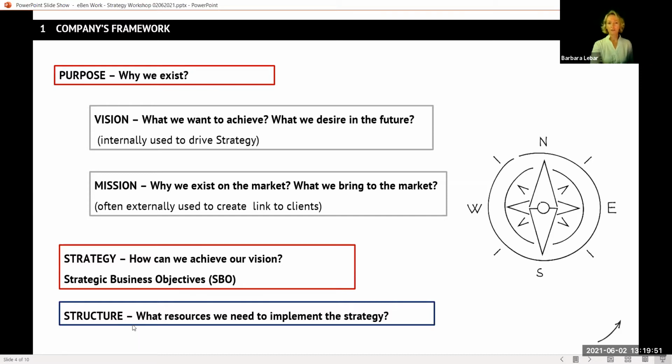Often people start with the structure first, which is not okay, because then everything would be limited or moulded according to the structure.